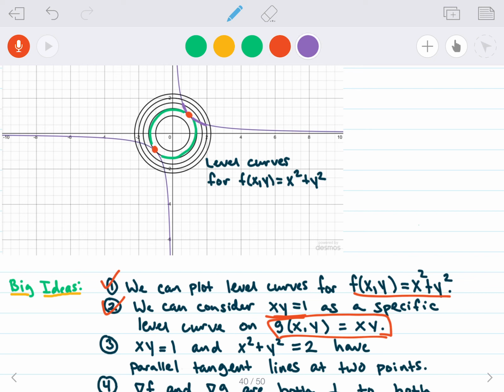If we were to draw a tangent line to these curves at that point, that's the idea: same tangent line at the two points, or parallel tangent lines. And let's bring back in the gradient here. Okay, so remember what the gradient was.